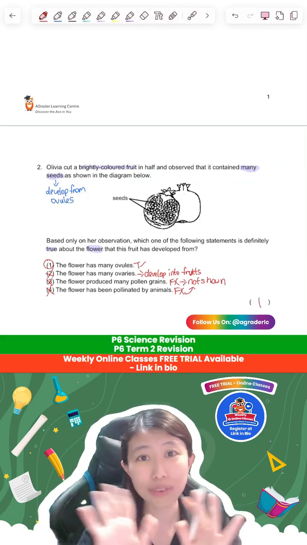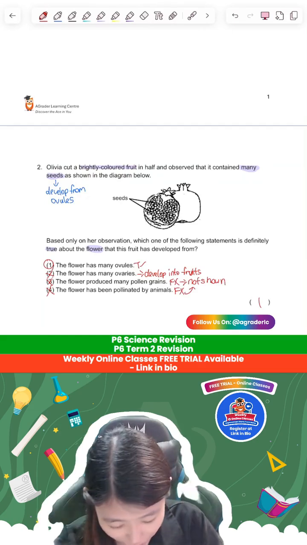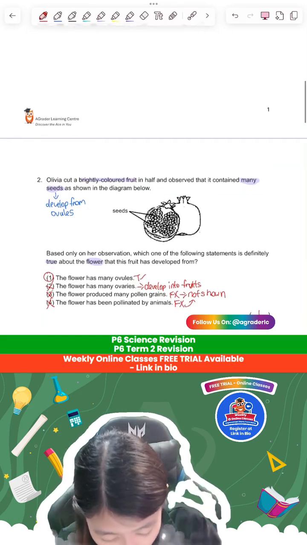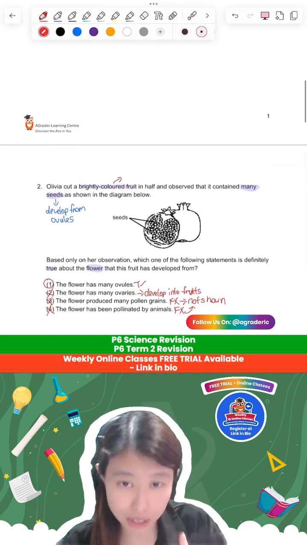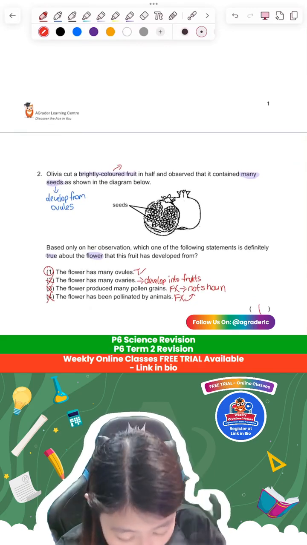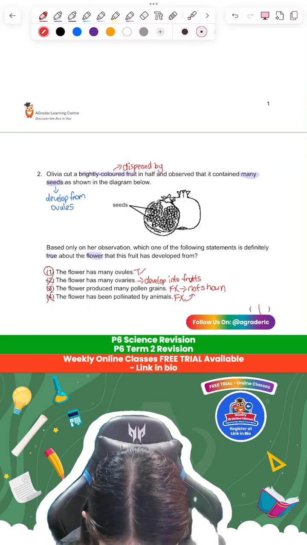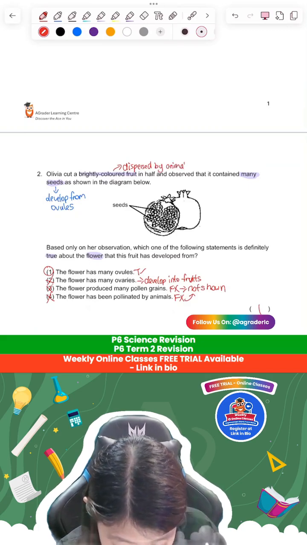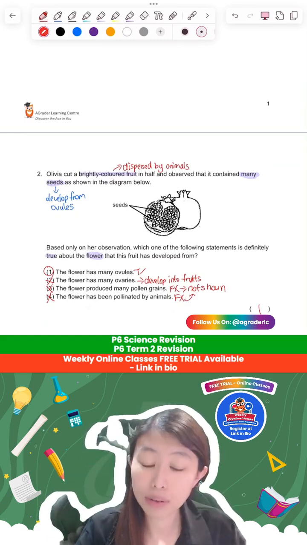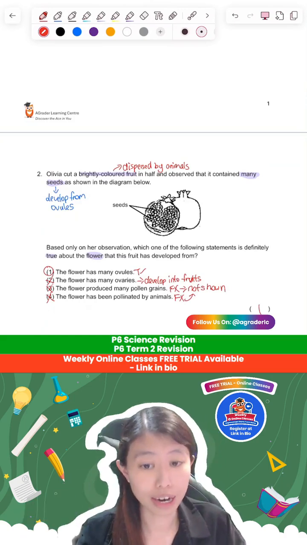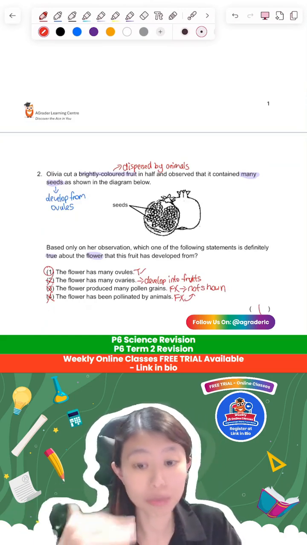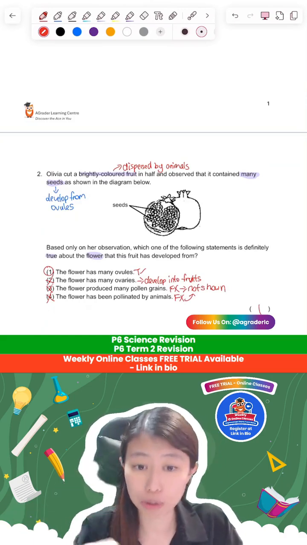So must remember, this is not shown. Brightly colored fruits show me that it most likely is dispersed by animals, but it doesn't show me that it's pollinated by animals. So please be very, very careful.